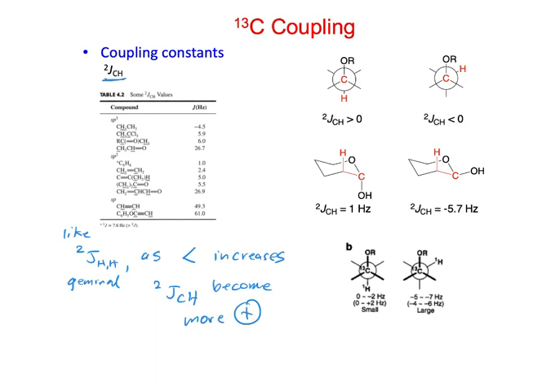Because remember, some of the geminal couplings were technically negative. And as the bond angle became wider and there was more S character, they became more positive, but they actually went closer to zero, so the absolute value got smaller.